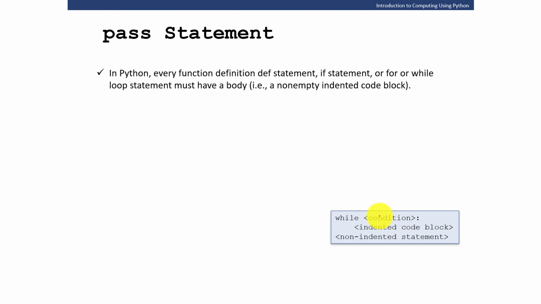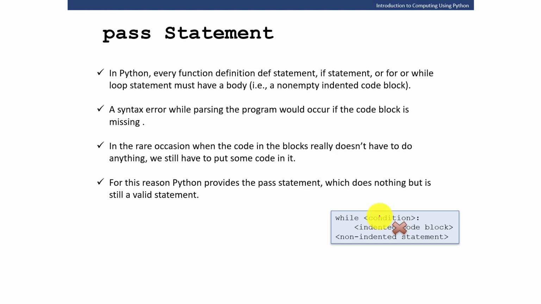Assuming that we don't want to implement anything in the indented code block, what should we do? If we did not add any statement, Python will give us an error. So in order to avoid having an error, we can use the pass statement.